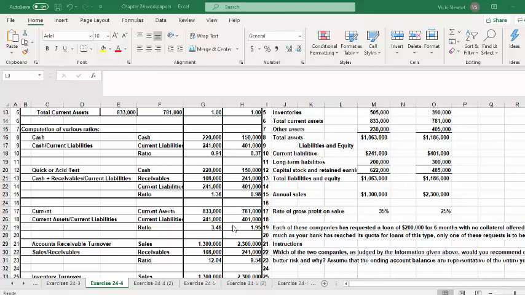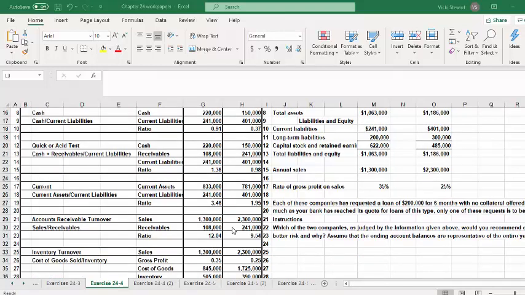Of course, one of the things that you have to be concerned about is how quickly these companies are able to collect those receivables, if you're going to allow your comparison to include those, and then also how quickly they can sell their inventory, because if they can't sell the inventory quickly enough within that 6-month period, then that's going to impact their ability to pay back what they owe now, as well as the additional $200,000.